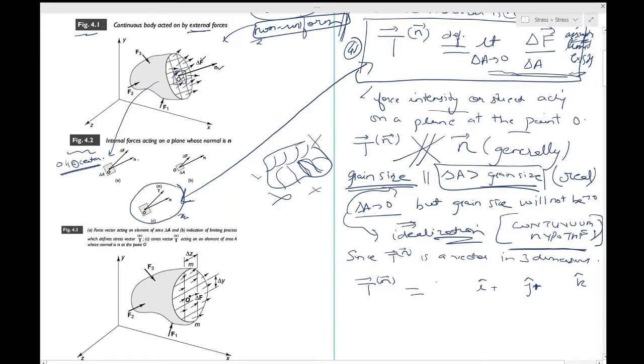Those components are written in this form. Notice that these, tx, ty, tz, are actually scalars. They are shown with the superscript n vector just to indicate that they are still linked to the plane at which they are defined.